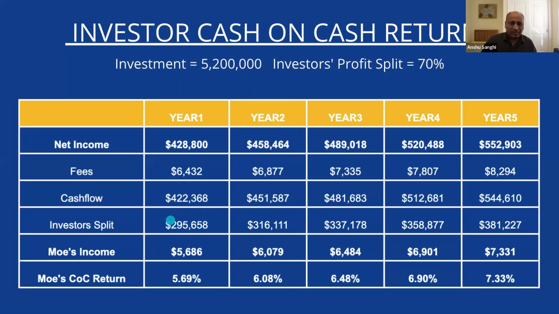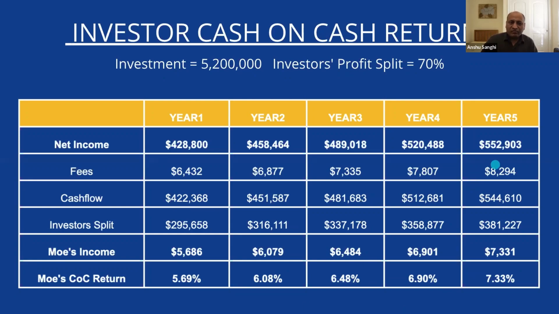Because of the total $5.2 million equity, Mo had invested 100,000, so this amount divided by 52 will give us Mo's income in the first year. And Mo made a cash-on-cash return of 5.69% on his 100,000 investment. Then year 2, year 3, similarly, his cash-on-cash return along with the income goes up.